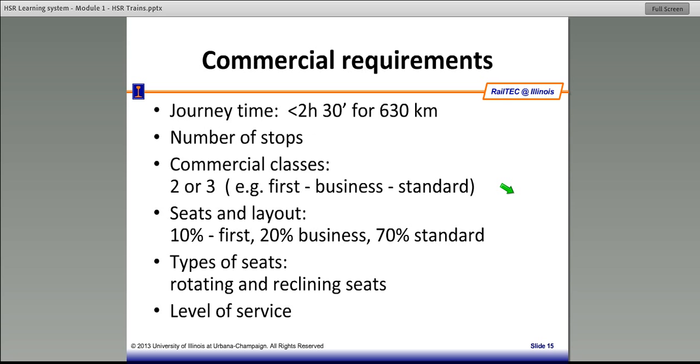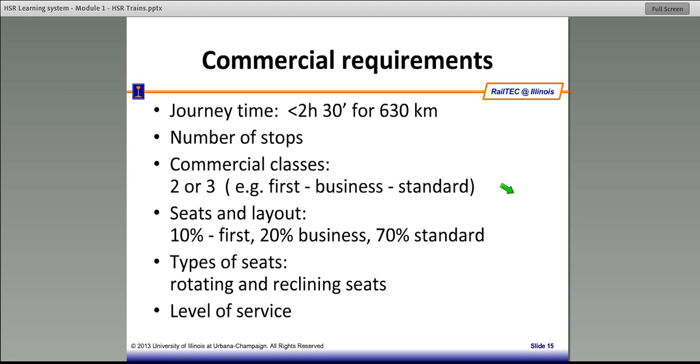So if those are the requirements, then let's look at some examples. For instance, you might require, in order to run at high speed with so many stops, that the train should be able to run around 630 kilometers within 2 hours 30 minutes.